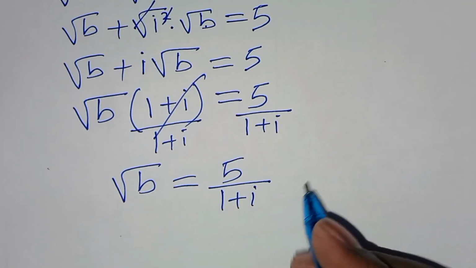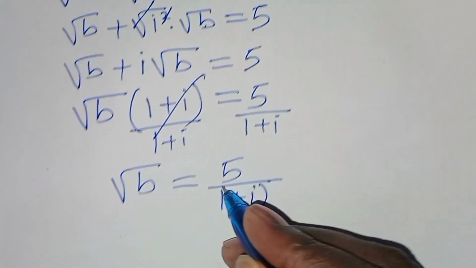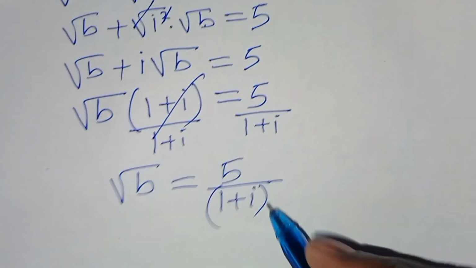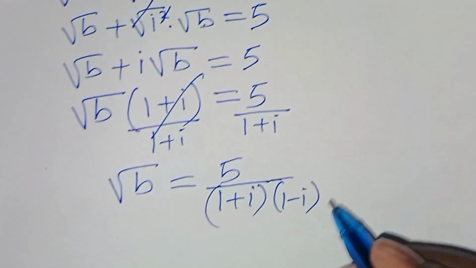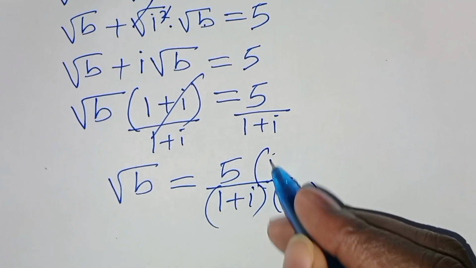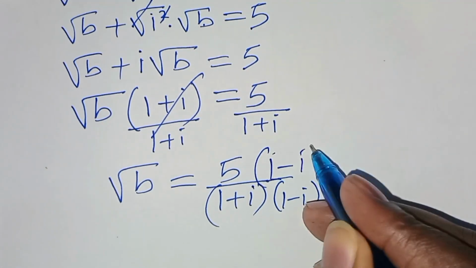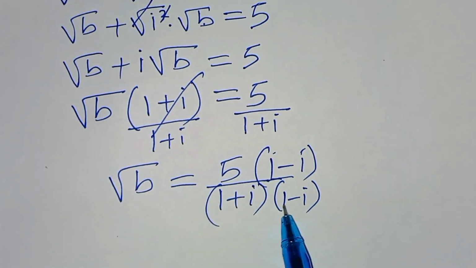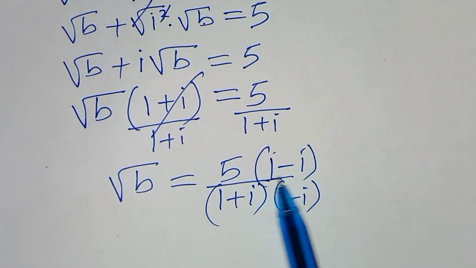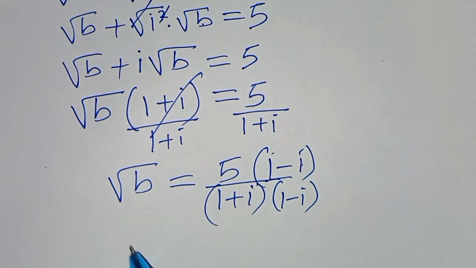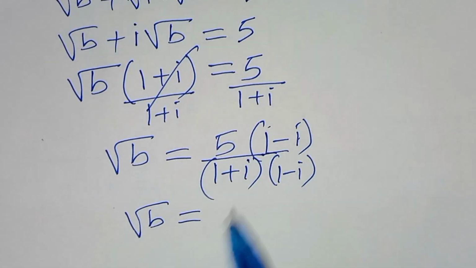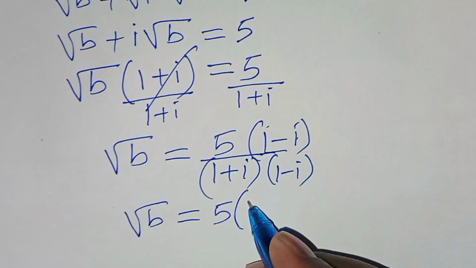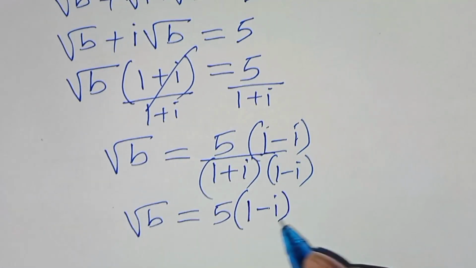So the next step here, let's rationalize the denominator by introducing a conjugate, that is 1 minus i. You also multiply the numerator by 1 minus i. So here we have the square root of b equal to 5 times 1 minus i.